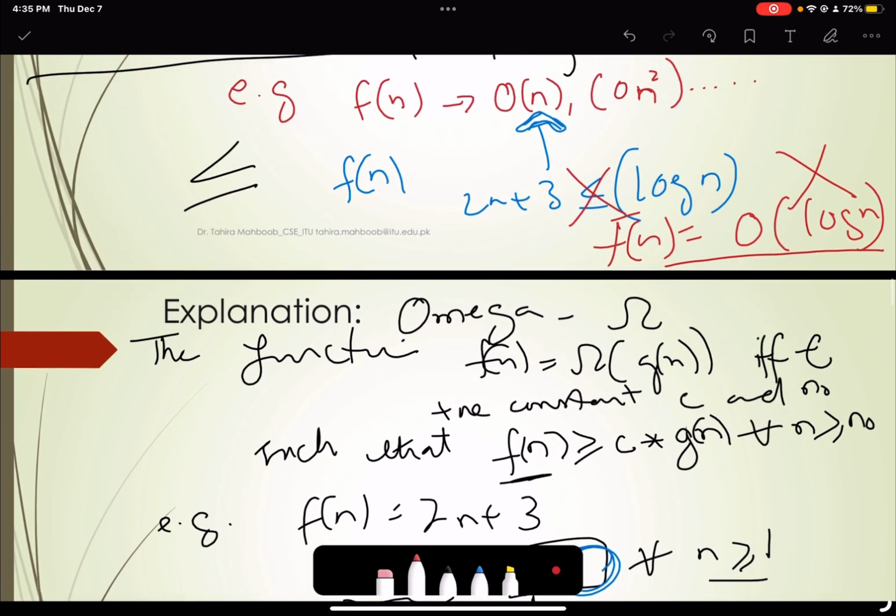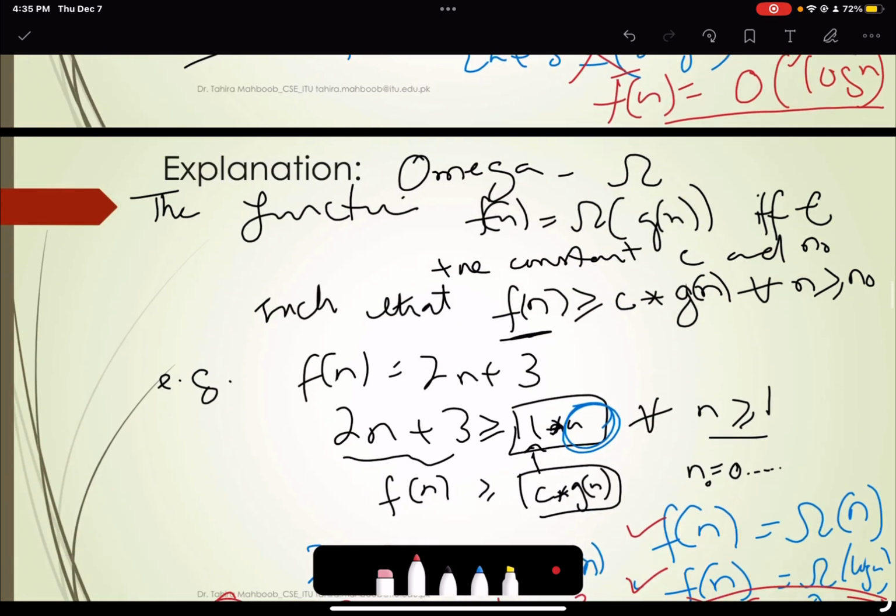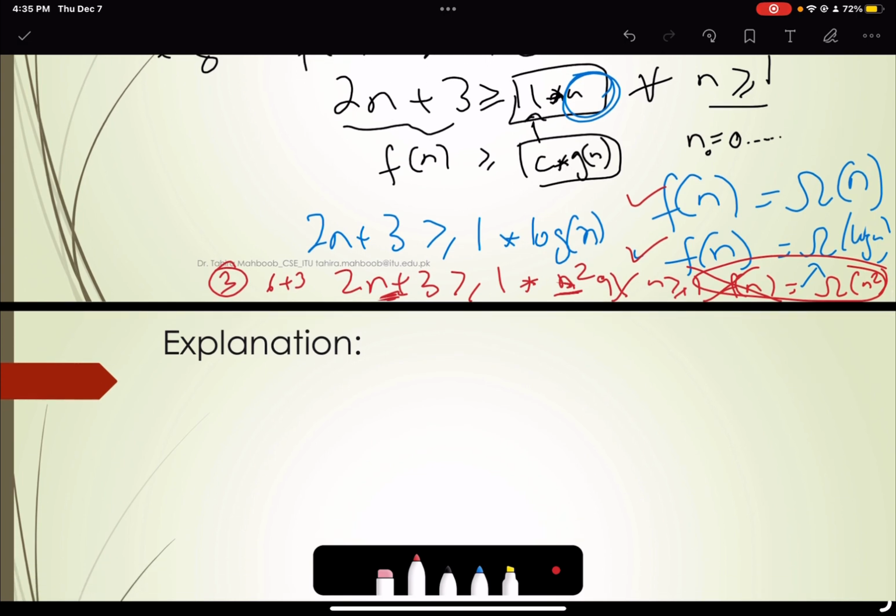So we are restricted towards the lower bound, less than your n: log of n, square root of n, then we have n log of n and 1. So these functions are in the lower bound. So any function in the range of lower bound is okay.